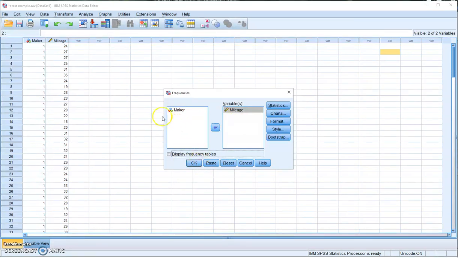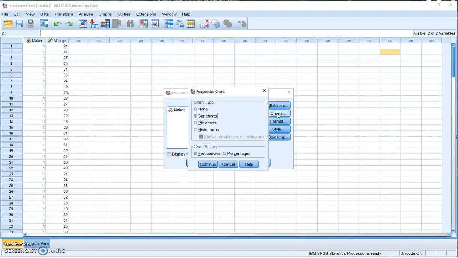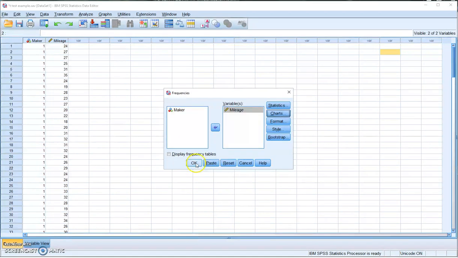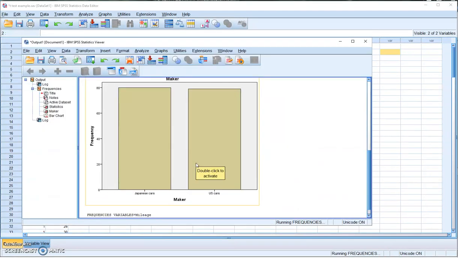But similar to the descriptive information for the qualitative variable, we can ask for some visual display of the frequencies. So for a quantitative variable, the best choice is the histogram. And if you want to see if the distribution follows a normal curve, you can ask for a normal curve to be displayed on your histogram as well. So let's see what we get by doing this.